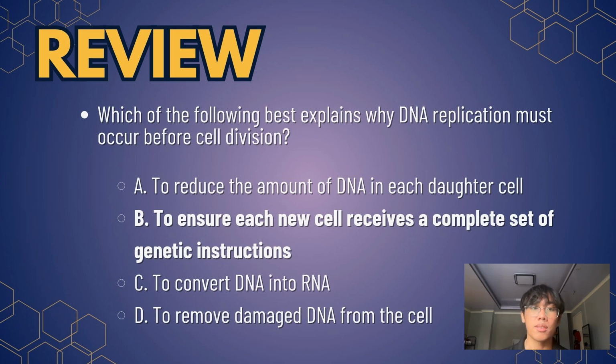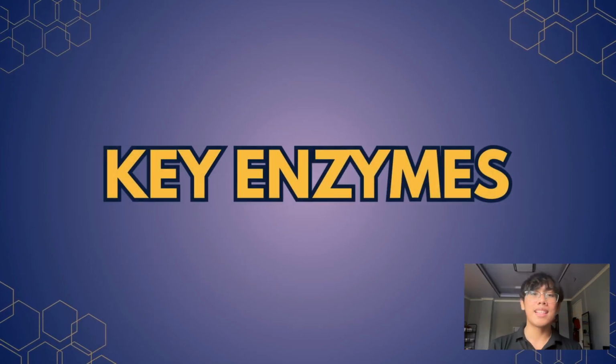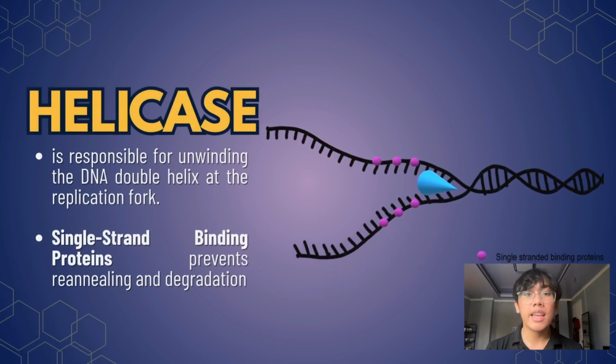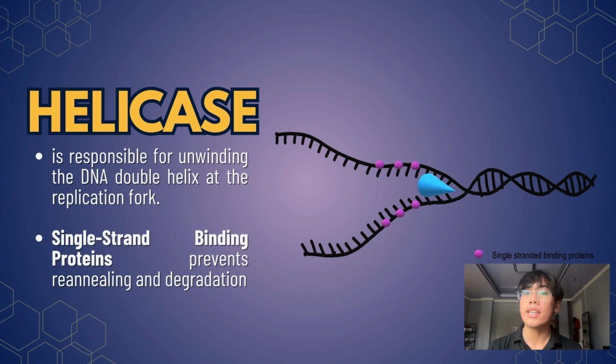Let us now meet the key enzymes working at the fork, the ones that form what we call the replisome complex. First up, we have our unzipper. Helicase, our unzipper, is responsible for unwinding the DNA double helix at the replication fork. It breaks the hydrogen bonds between base pairs, separating the two strands so that each can be used as a template.